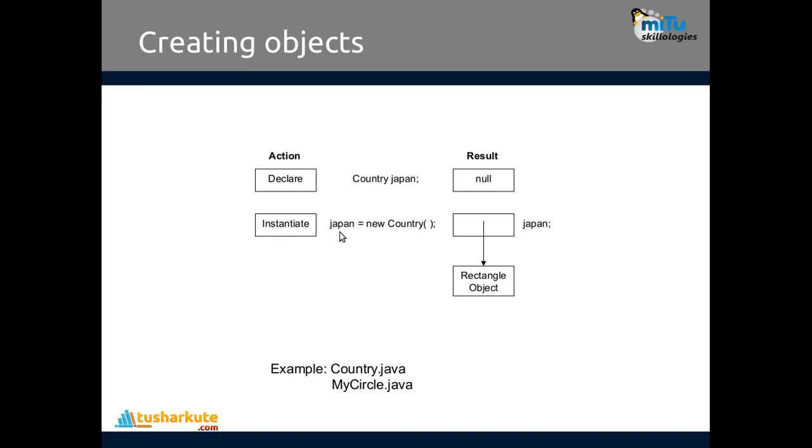Then if I want to allocate the memory to it, Japan is equal to new Country. Here new is a keyword which is used to allocate the memory to the object. Country is the constructor of the class which I am calling. I will talk about the constructor also in this particular video. Then the object Japan is created, and once it is created, I can make use of its methods and variables.